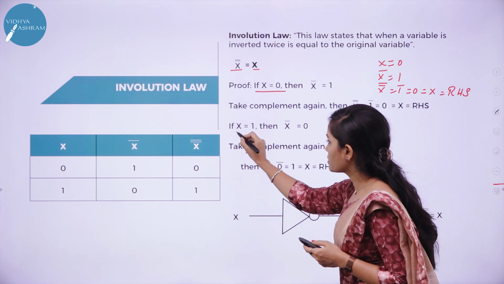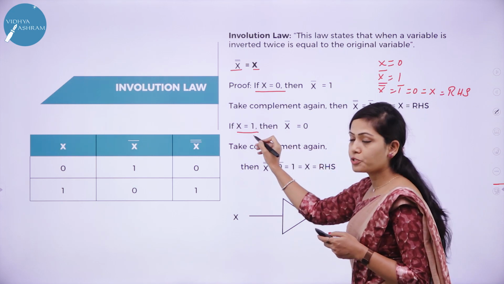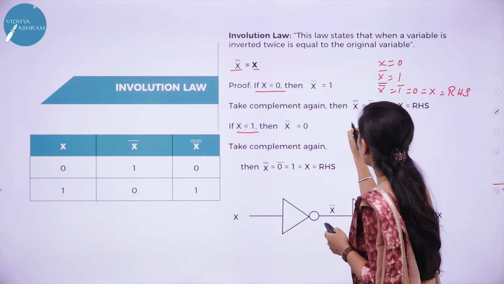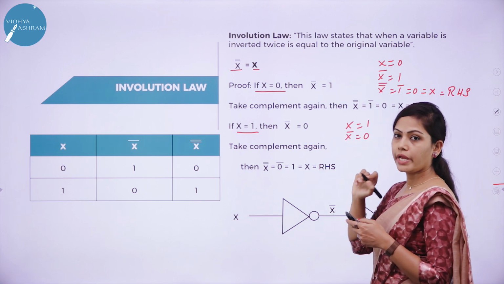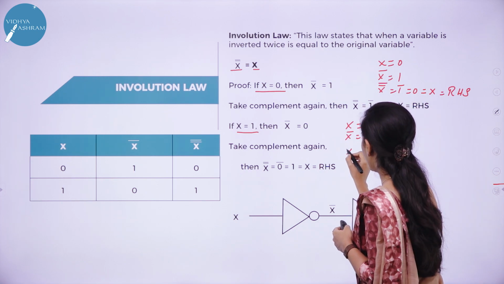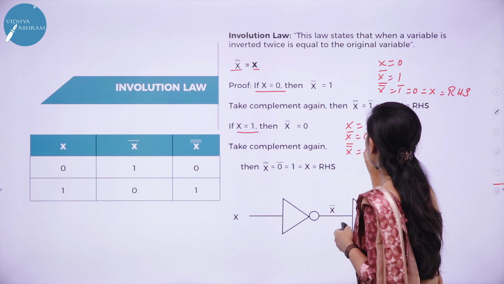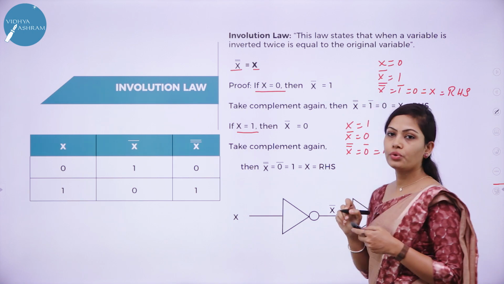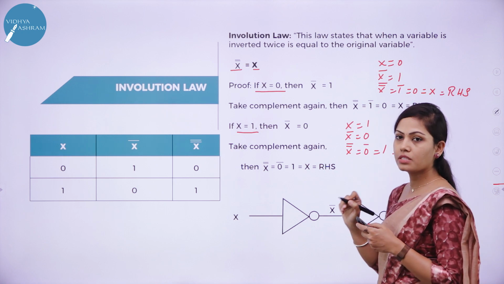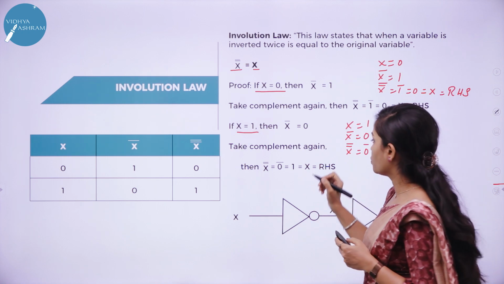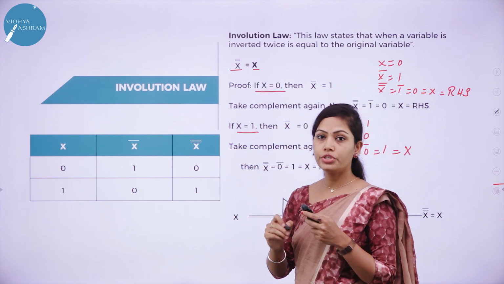And if x is equal to 1, substitute the value of x. X bar is equal to 0. Take the complement again. X double bar is equal to 0 bar, that is equal to 1, which is equal to the value of x. This is your RHS. So x double bar is equal to x.